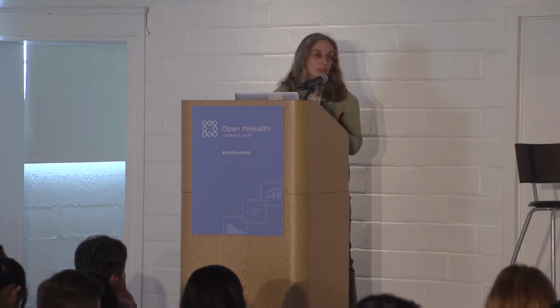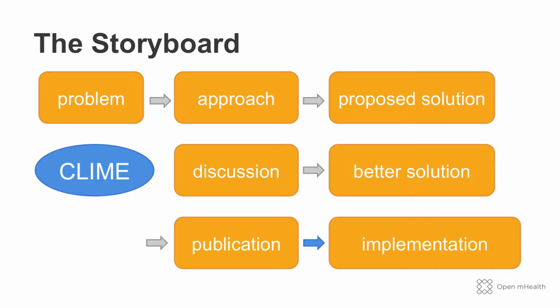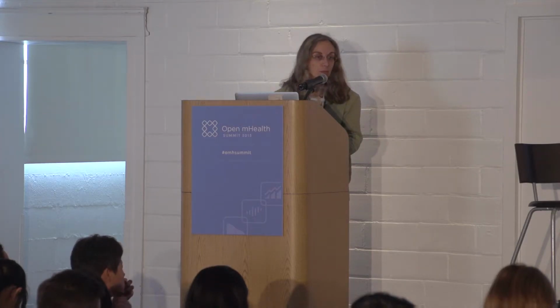We had a discussion, and we arrived at what we were hoping for, which is a better solution. And then the schemas have been published, and they are on the website, and they're ready to be used in some implementation.